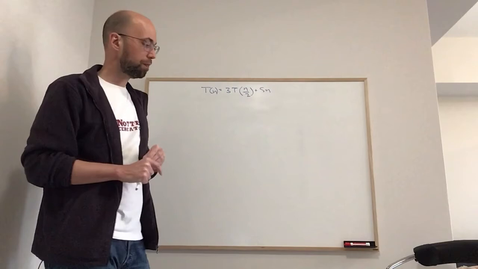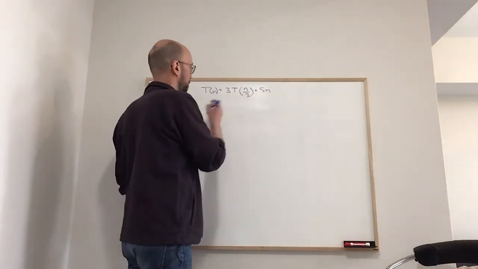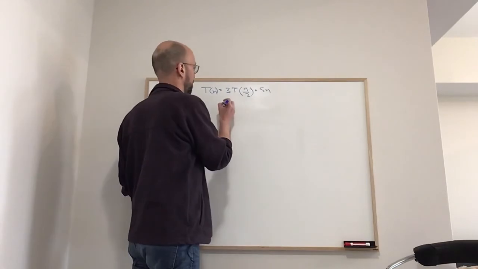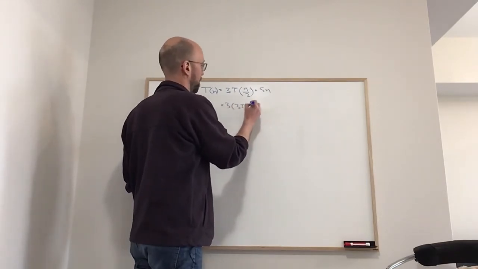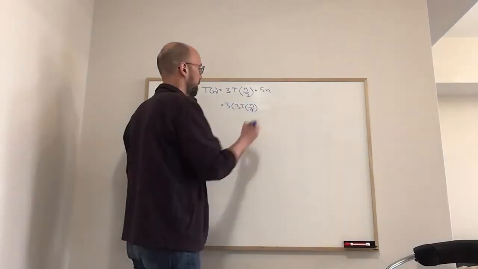Okay, so let's solve that. We don't know what T(n/2) is. Well, that's equal to 3 times T(n/4), plus 5n over 2. So this is a recurrence relation.